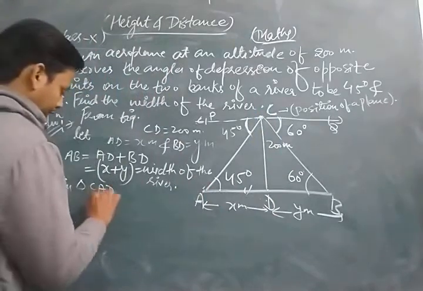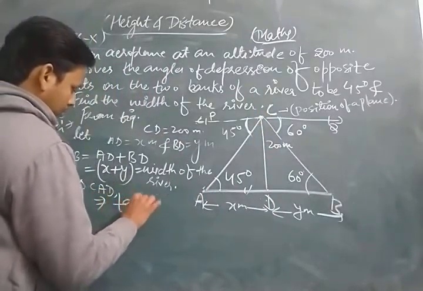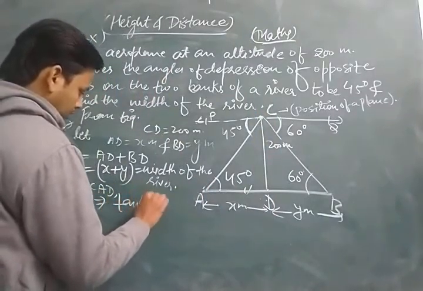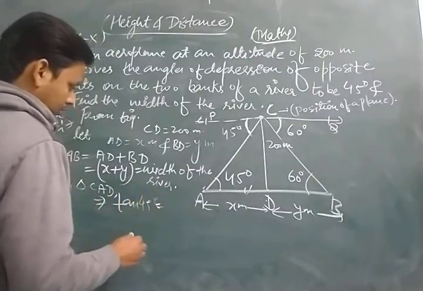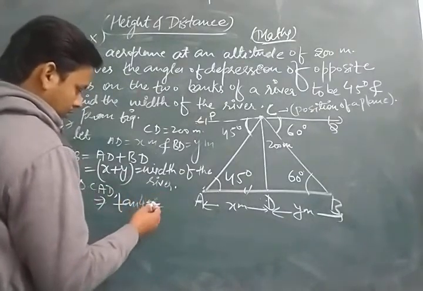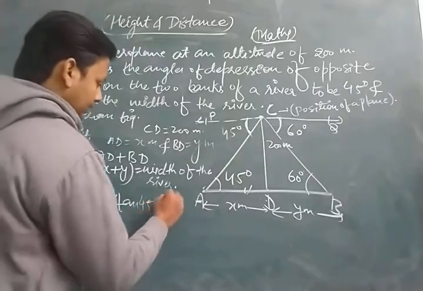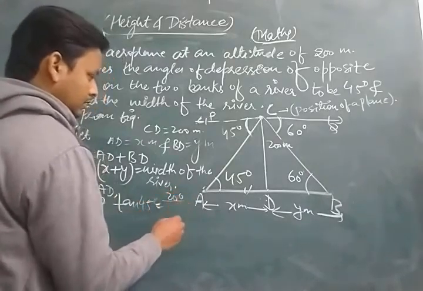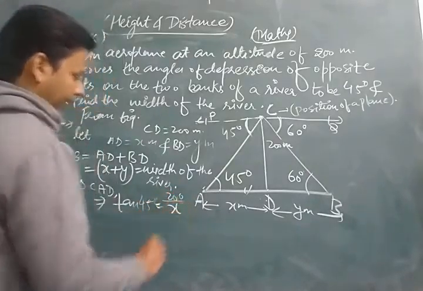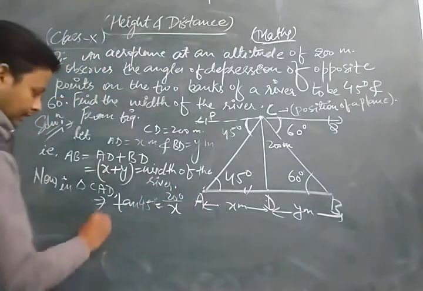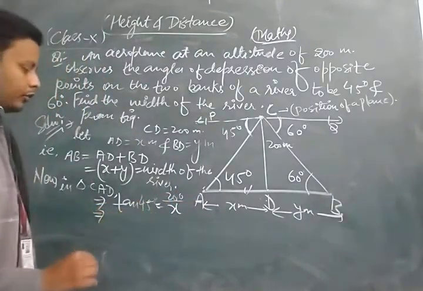So tan 45 is equal to perpendicular upon base, 200 upon x. The value of tan 45 is 1.